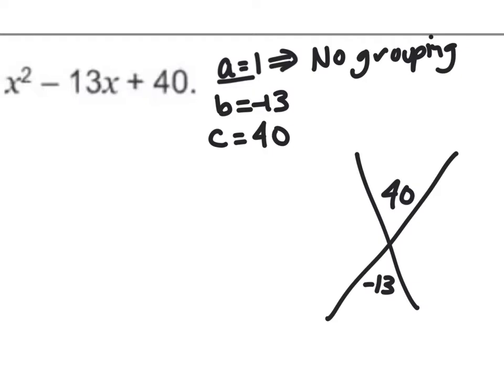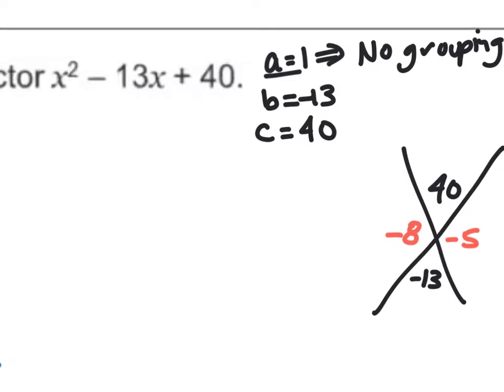A negative times a negative gives us a positive, and if you add two negatives together, you get another negative. So these numbers are going to be negative 8 and negative 5. You can play around with this: negative 8 times negative 5 is positive 40. Negative 8 plus negative 5 gives me negative 13.